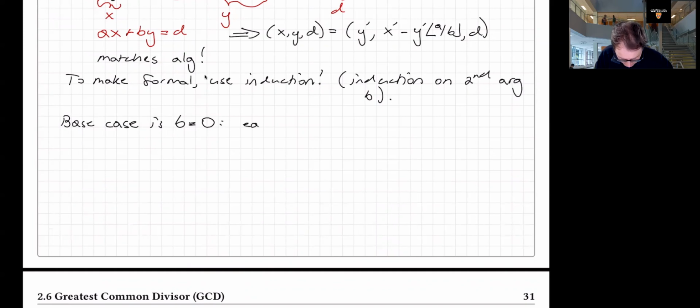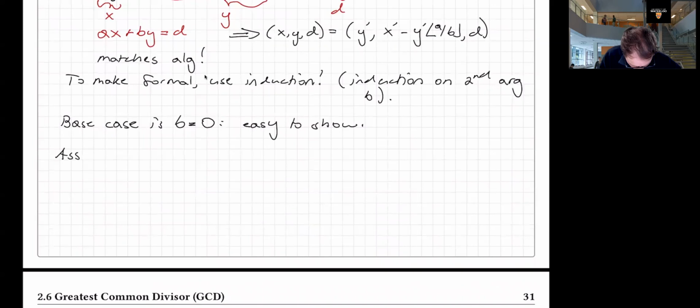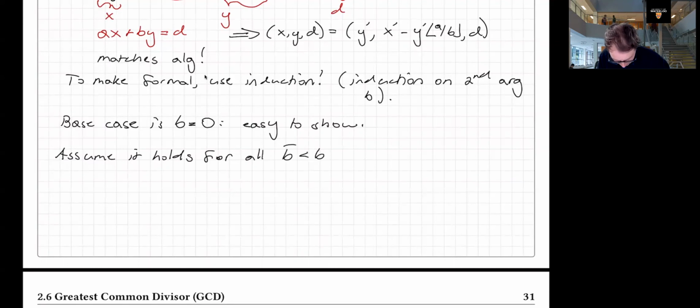This I'll just say here is easy to show. And then we assume it holds for all B prime less than B. Show it holds for B. And that's the argument.